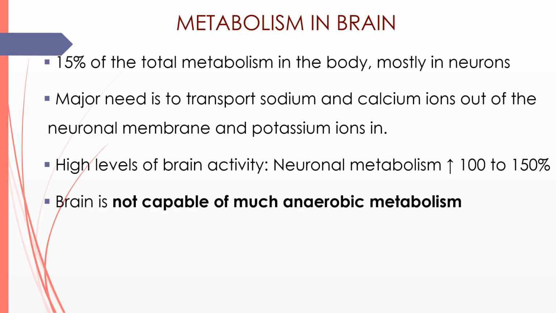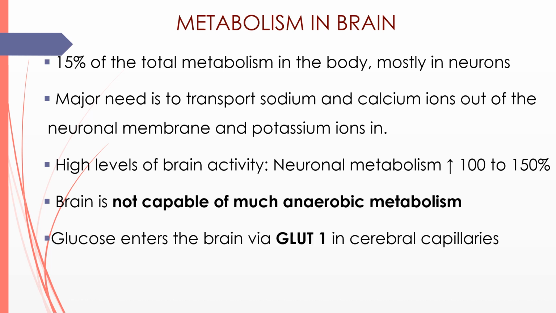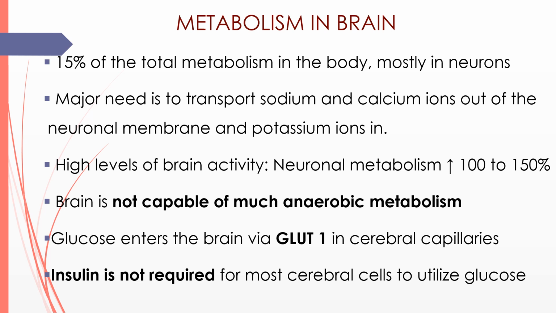The brain is not capable of much anaerobic metabolism. Glucose enters the brain via glucose transporter 1 in cerebral capillaries. Glucose is a major source of energy. Insulin is not required for the cerebral cells to utilize the glucose.